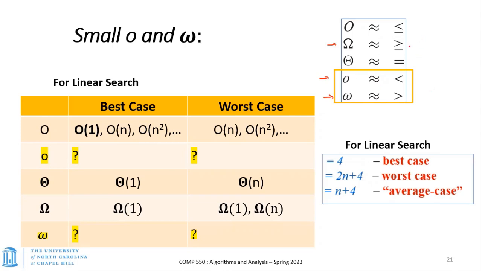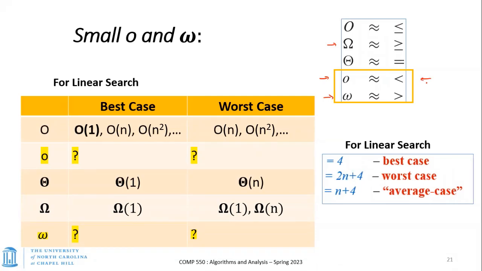So the basic difference between the big and the small notations is a very simple difference. All right, so if the big O can be considered an upper bound, less than or equal to, so if f of n is order of g of n, then basically we're saying that order of g of n is an upper bound, or f of n can be less than or equal to. But if you're using the small notation, it's strictly smaller.